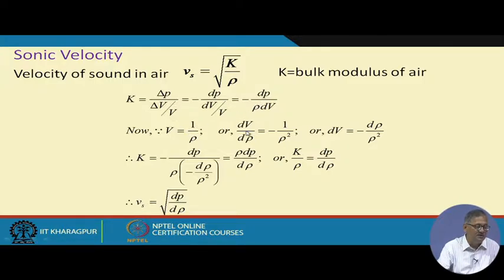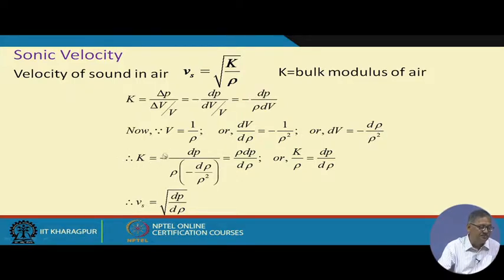This is possible because V is nothing but 1 by rho. So we can write that if V is 1 by rho, therefore dV over d rho is equal to minus 1 by rho square, that is rho to the power minus 2. So dV can be written as minus d rho over rho square, right.